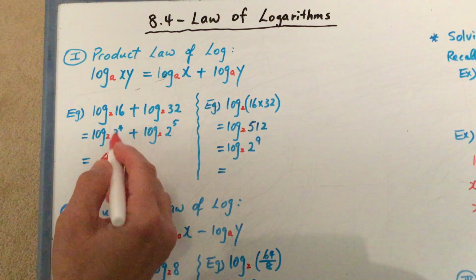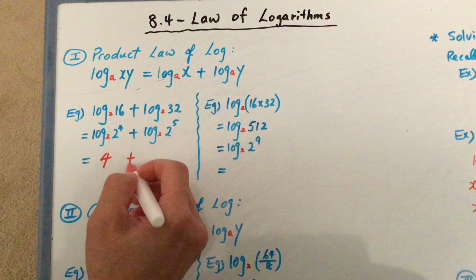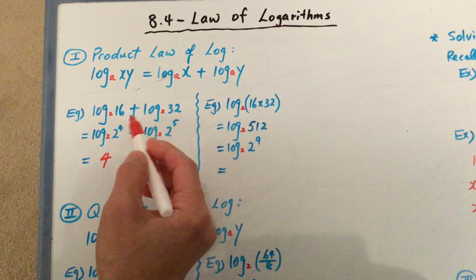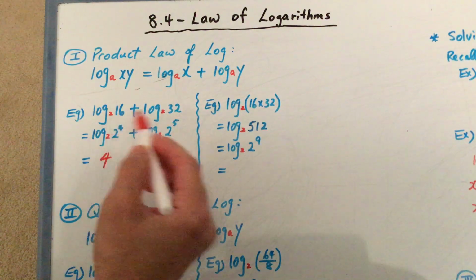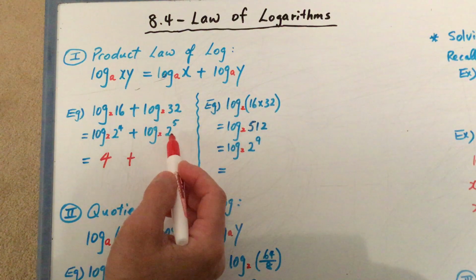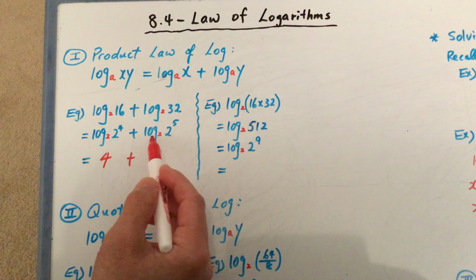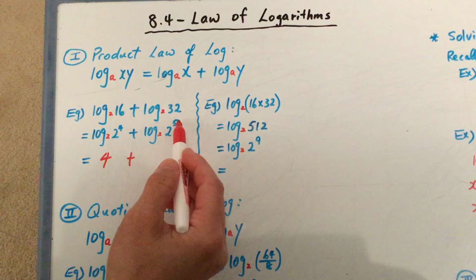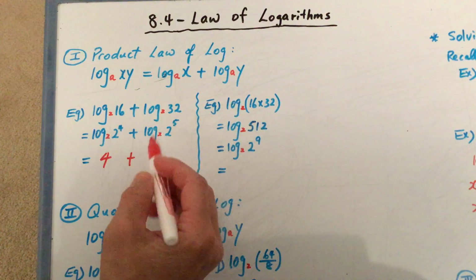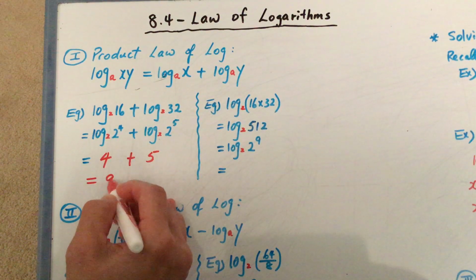Okay, log a of a to the x, you get x. And plus log 2, with the same base as the first term, but with the 32, change the 32 into base 2, so this is equivalent to log 2 of 2 to the power of 5. Because these two are the same, this is going to be equal to 5. So the final answer is going to be equal to 9.